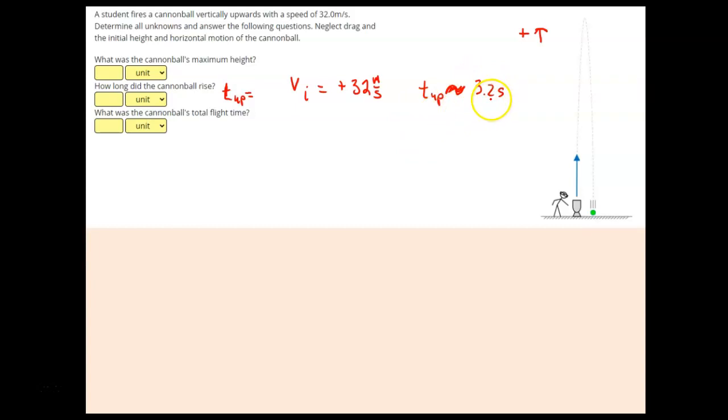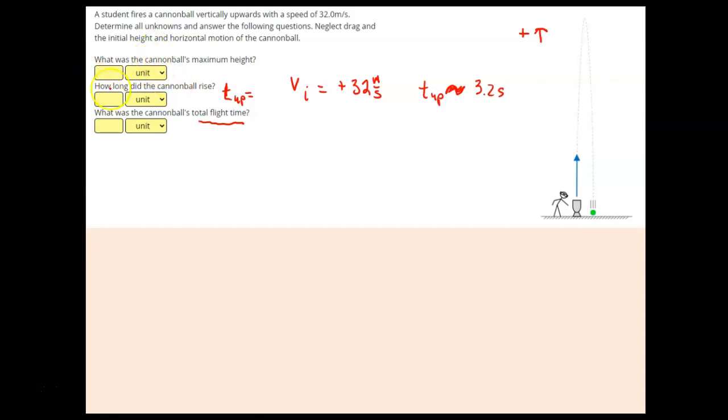And time down is therefore also going to be about 3.2 seconds. And so our total time of flight is going to be about 6.4 seconds. So it's easy to figure that out by understanding that gravity changes the speed of objects by about 10 meters per second each second in the downward direction.